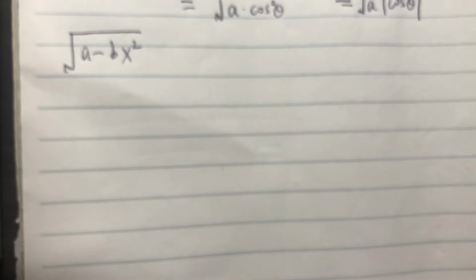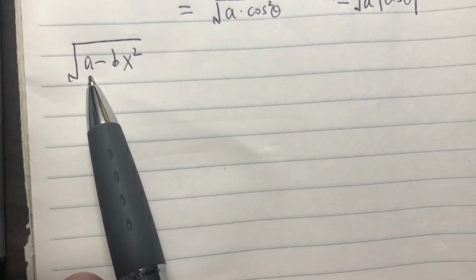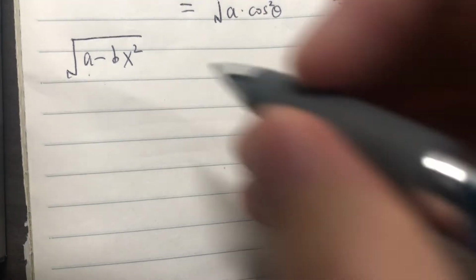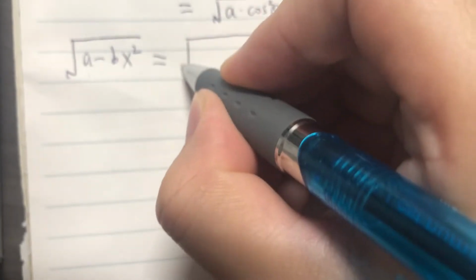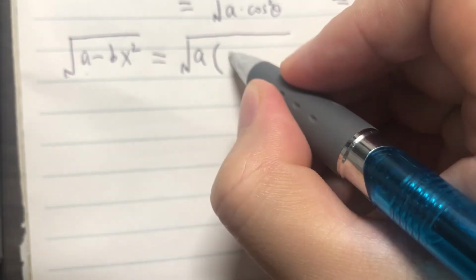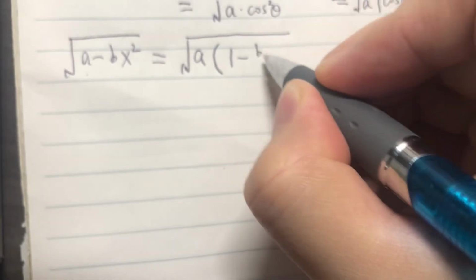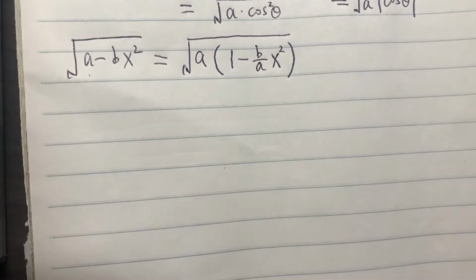So here is the formula, square root of a minus b x squared. Our idea is to make this a equal 1, but not for free. How to make that 1? You take out a, and the rest of it is 1 minus b over a x squared.